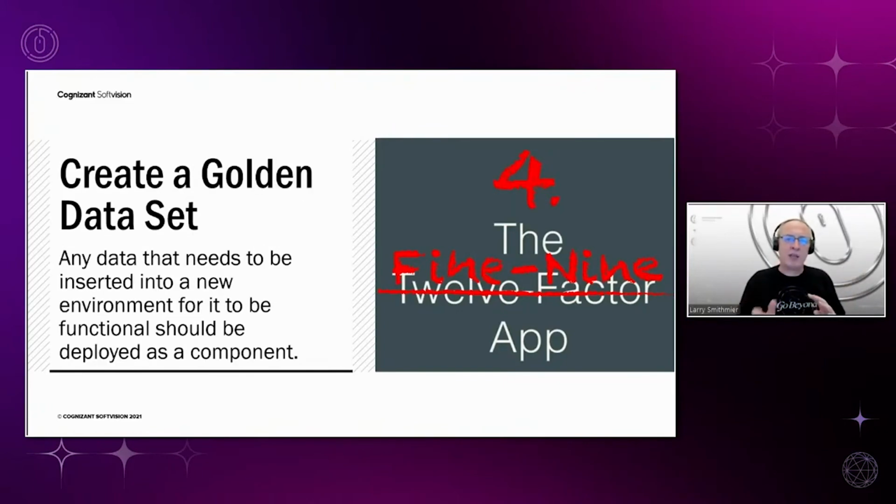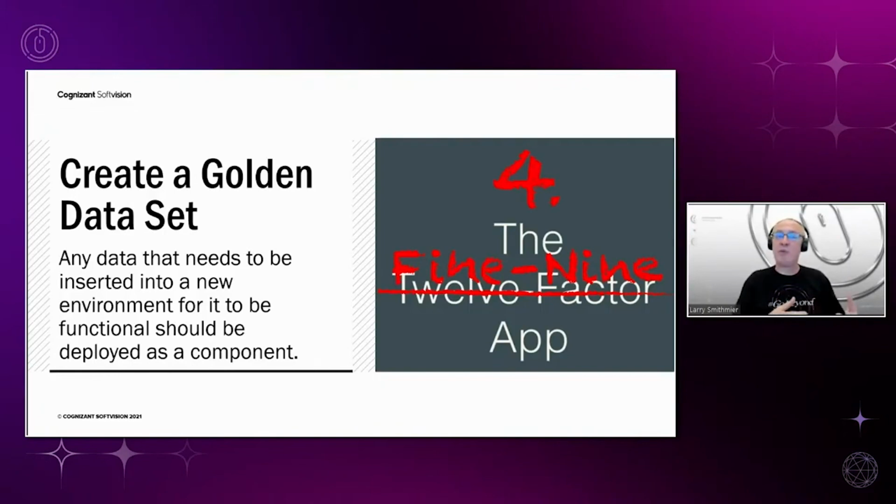Number 4 goes along with this. Build and create a golden data set. Build a data set that you can use to test out your schema, that you can use in your test environment, so that when you stand up the demo environment that your salespeople ask you to stand up, you don't have to spend all weekend entering in data before the software can actually run.